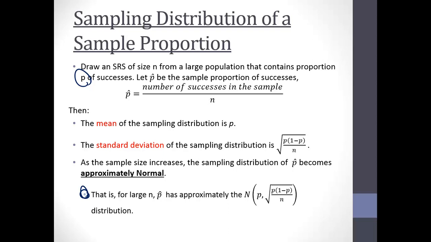Think about how this relates to the previous slide. When we're looking at sample means, our sampling distribution ends up being normal. Same thing here if n is big enough; what the mean and standard deviation are is different, but the idea is the same.